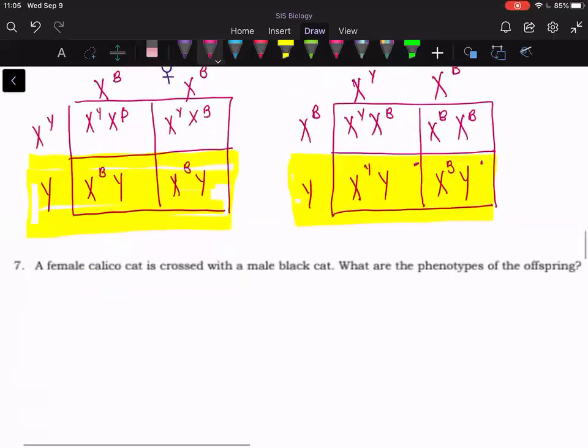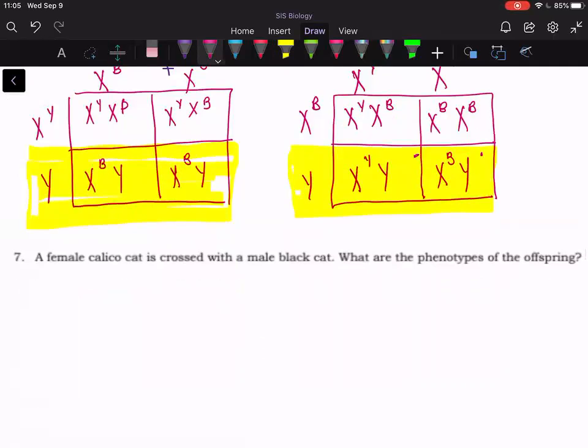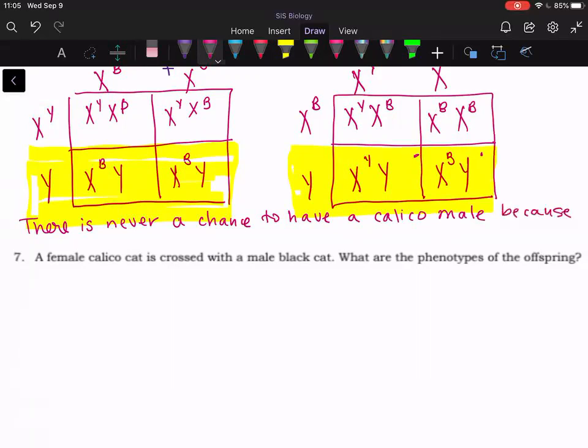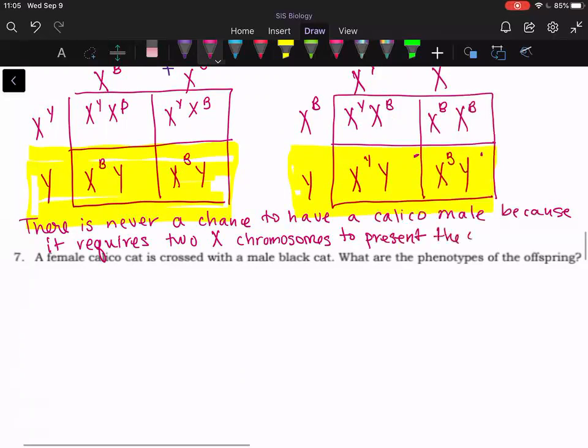So we can say there is never a chance to have a calico male because it requires 2 X chromosomes to present the calico phenotype.